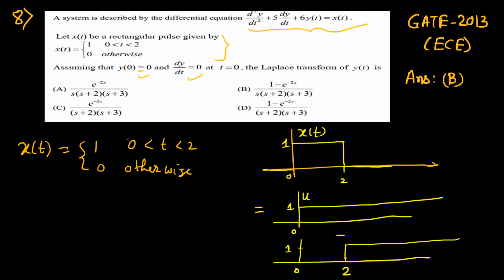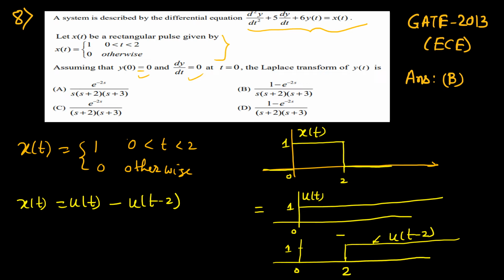So this is your u(t) and this is your u(t minus 2). So if you see, from 0 to 2, 1 minus 0 is 1 and beyond that 1 minus 1 is 0, and the left side is also 0. So this gate window we can consider as, so this x(t) we can write as u(t) minus u(t minus 2). So here there is one more property.